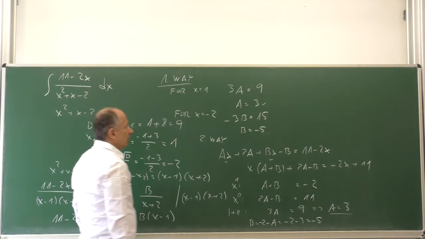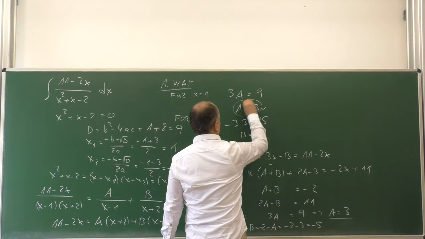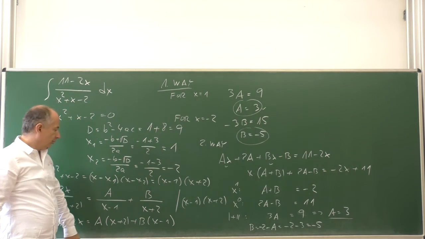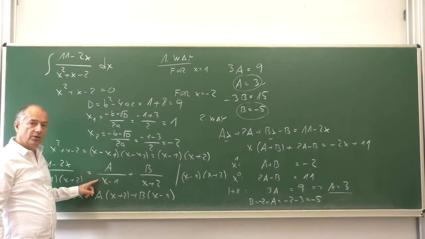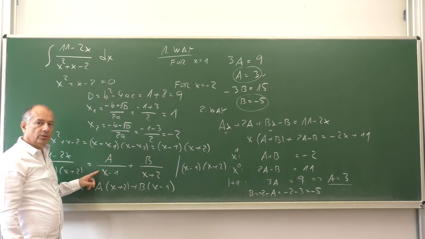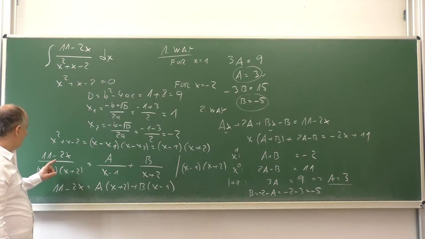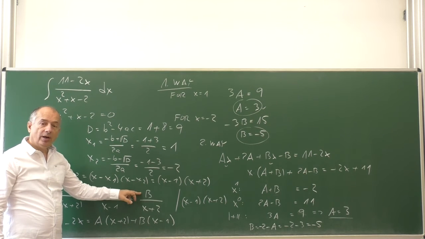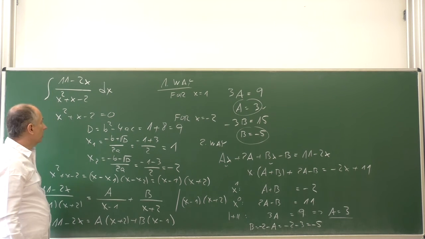So at this point, when we know that a is 3 and b is minus 5, we can go back to this point and use this decomposition into partial fractions. And then the integrated function can be written in this form where a and b are already known constants.